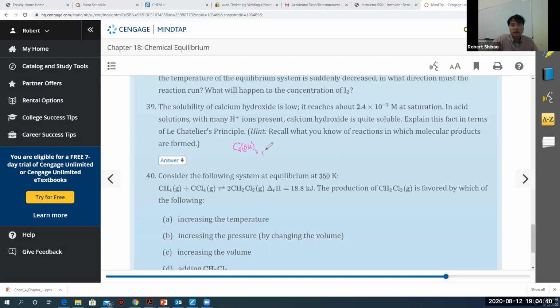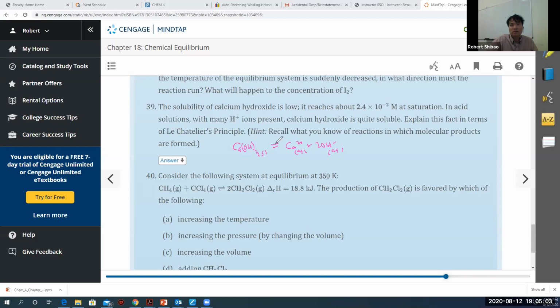So if I have solid calcium hydroxide, it'll saturate the water solution. When it saturates it, the calcium ions and the hydroxide ions break off the surface of the crystal. Once I reach a certain concentration of calcium ions and hydroxide ions, they precipitate or recrystallize.